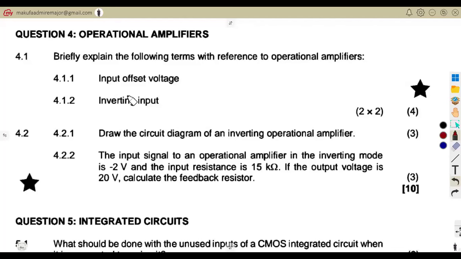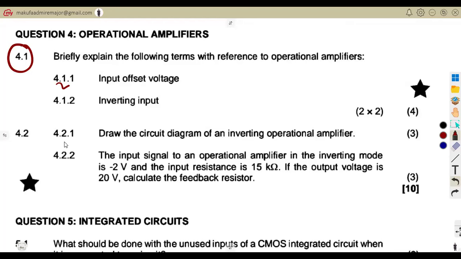So if we consider question number 4, you are going to be having our operational amplifiers there, and in 4.1 we're given to briefly explain the following terms with reference to operational amplifiers. 4.11 was the input offset voltage.